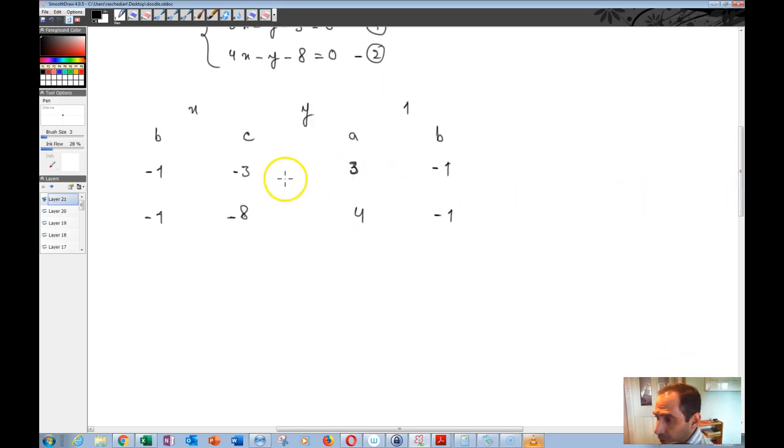And so now you can write this as x over, and now you can cross multiply here like this. Negative 1 times negative 8 is equal to positive 8, minus negative 3 times negative 1 is equal to positive 3.